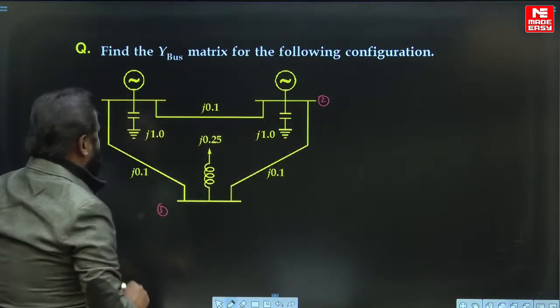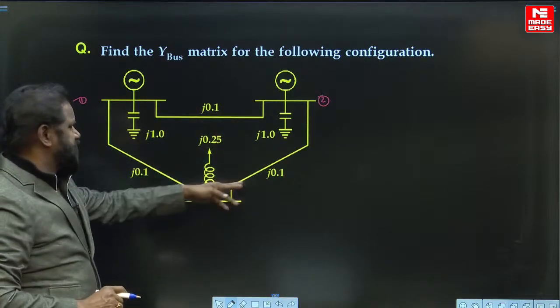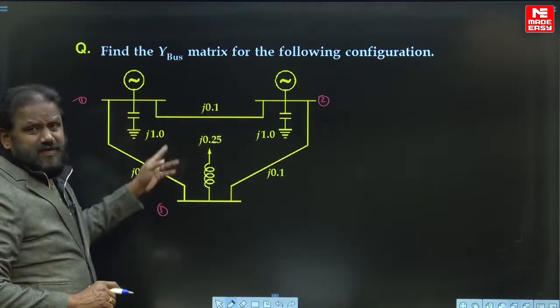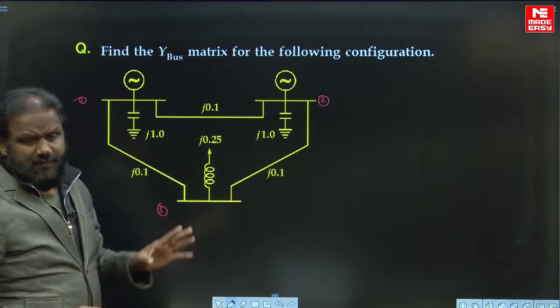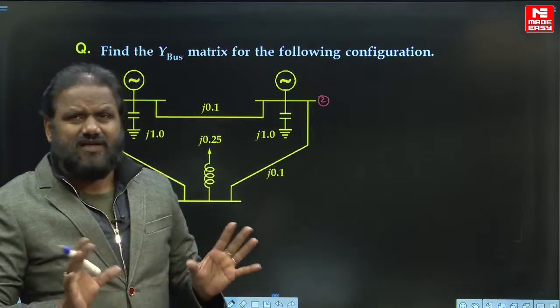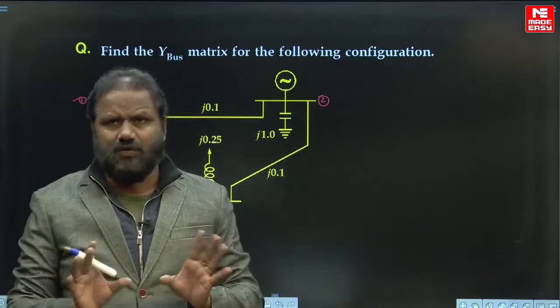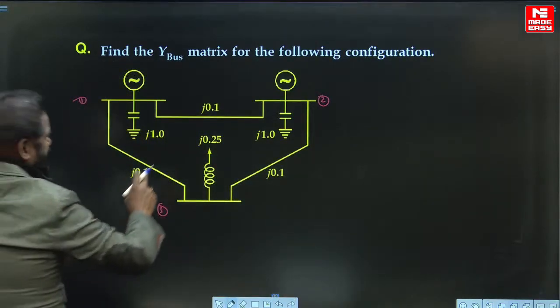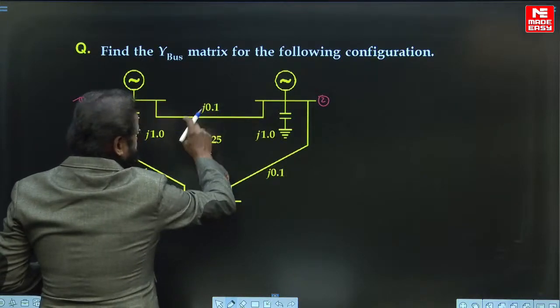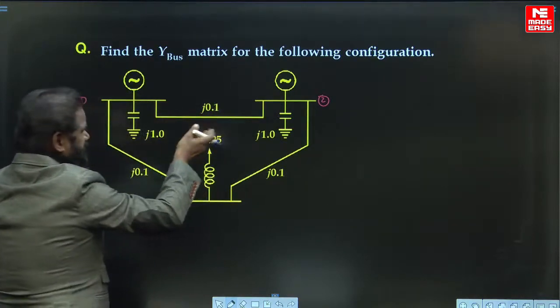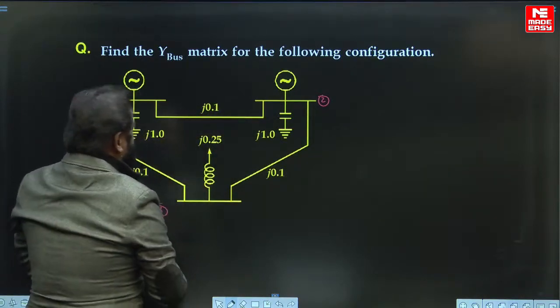Here you can see the line impedance has been given in j's. That means it has been given as impedances. Most of the people, as it has been given, think that it is the admittance. No. The line impedance can have a positive reactive component, so an imaginary component.